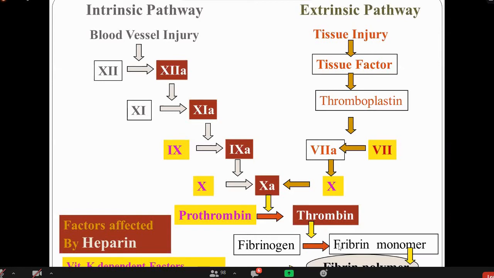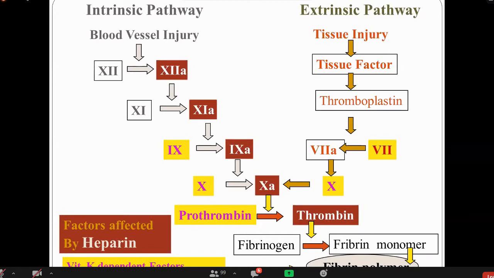So again, I am quickly repeating: whether intrinsic or extrinsic, the purpose of both pathways is to activate factor 10, right? Now, factor 10 activates thrombin, thrombin activates fibrin, and that is responsible for forming the fibrin clot, right?